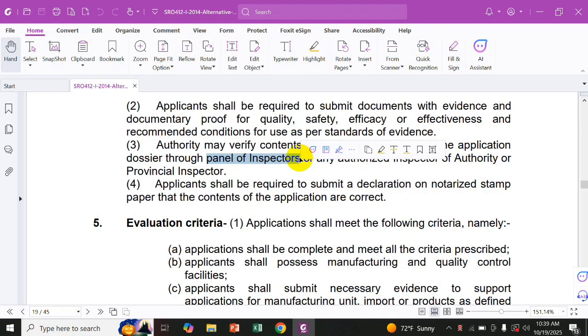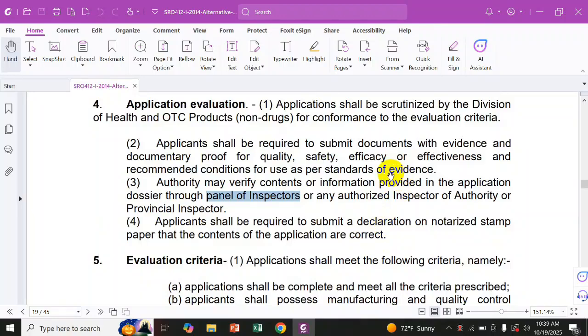They can inspect us, they can check the process, they can check the testing facility, they can check each and every parameter, and they can inspect our manufacturing facility in order to ensure the parameters of quality, safety, and efficacy.